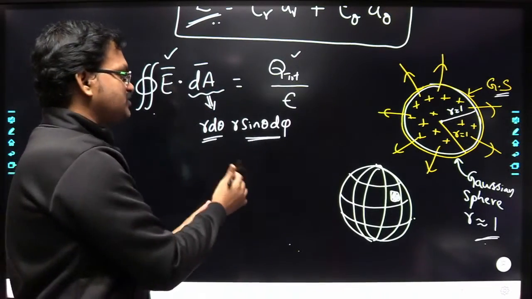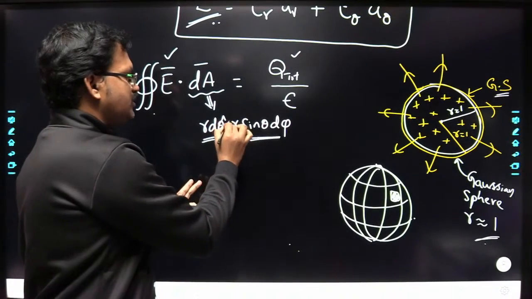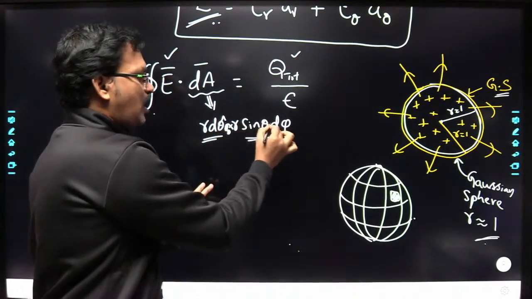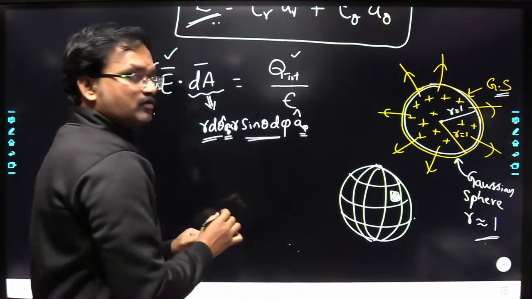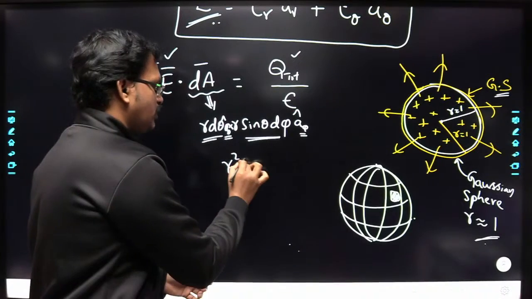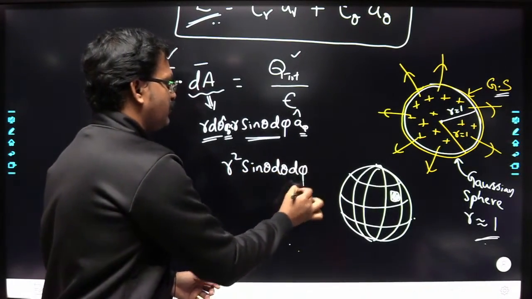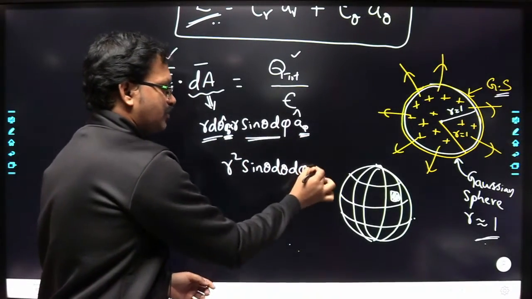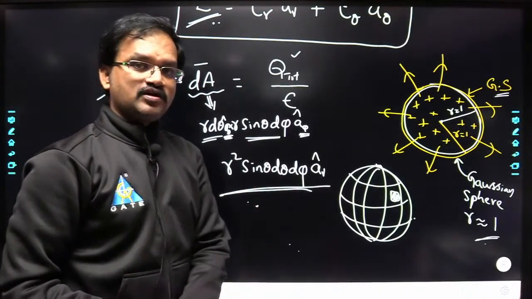Its direction: r d theta points along a theta cap, cross r sin theta d phi a phi cap. A theta cap cross a phi cap gives a r cap, so dA bar equals r square sin theta d theta d phi a r cap.